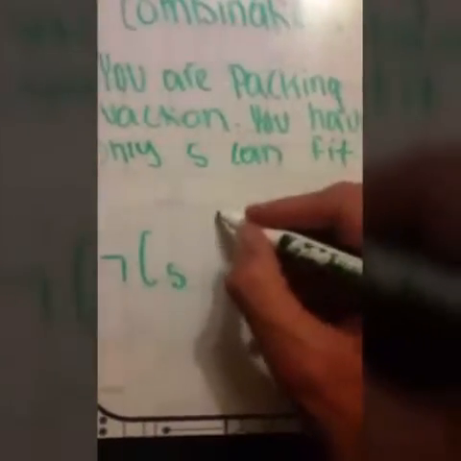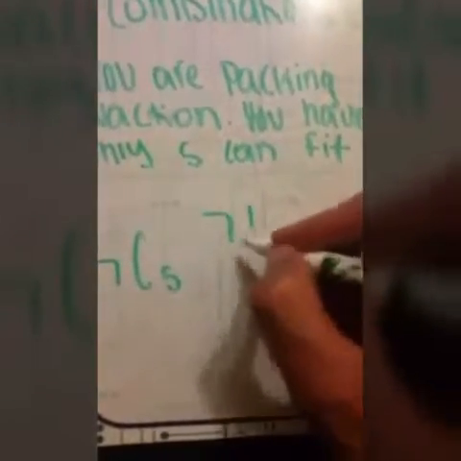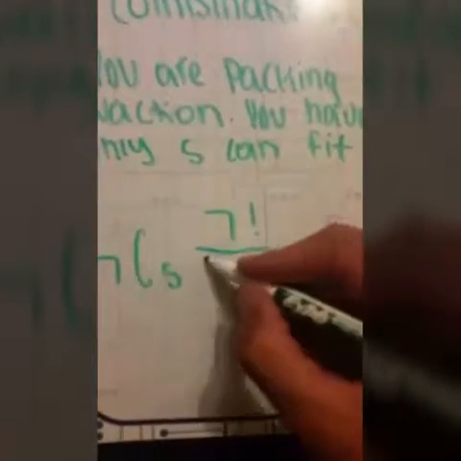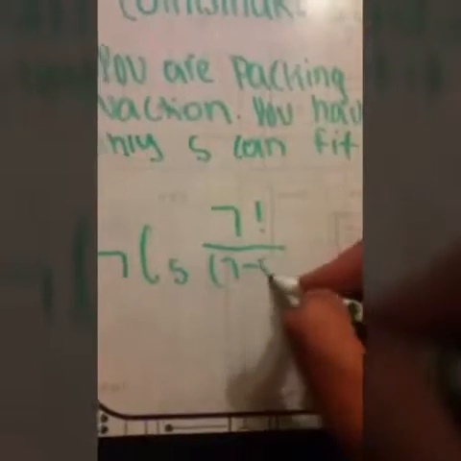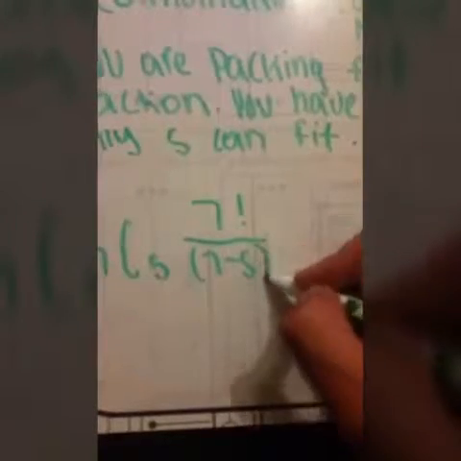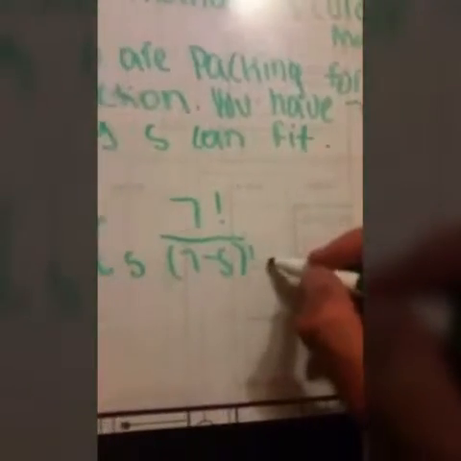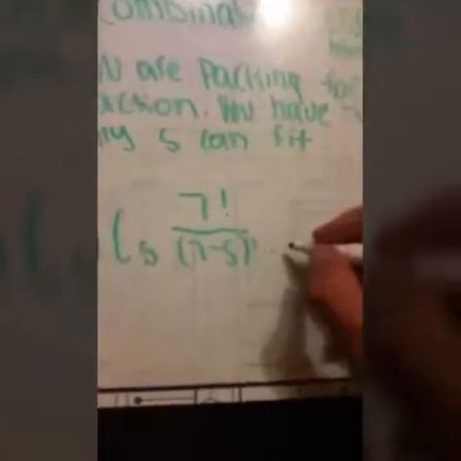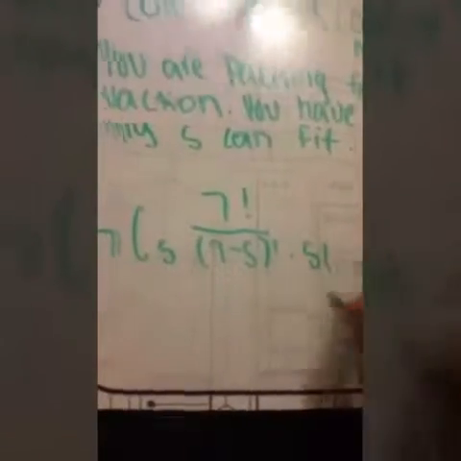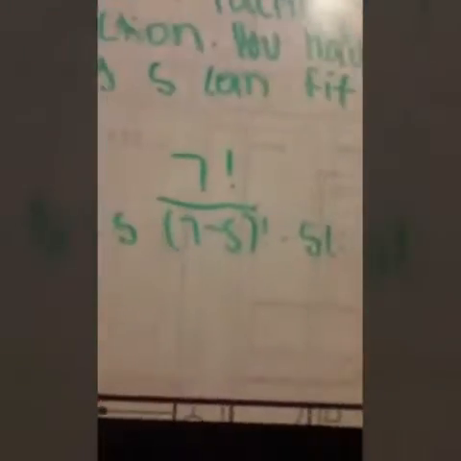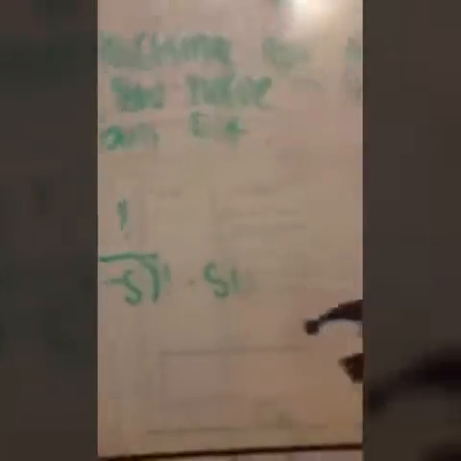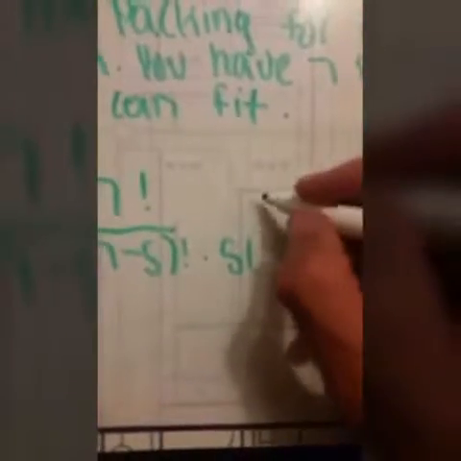So, you write it as 7 factorial over parentheses 7 minus 5 factorial times 5 factorial. Now the factorial just basically means instead of writing 7 times 6 times 5 times 4 times 3 times 2 times 1, you just put that factorial and that would basically stand for it.